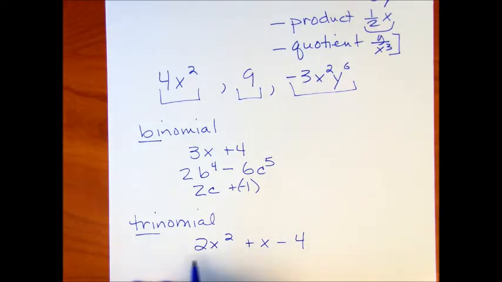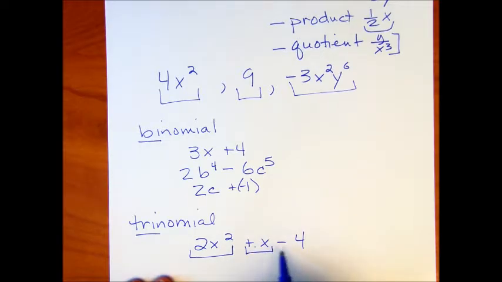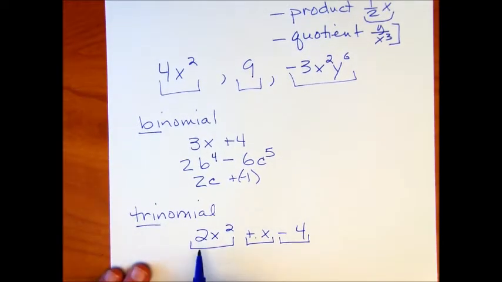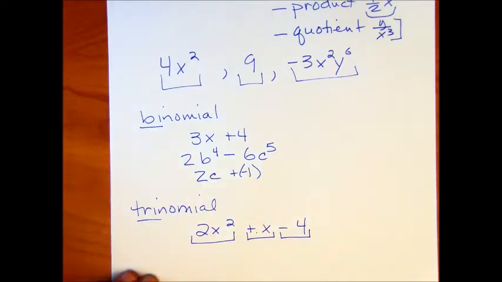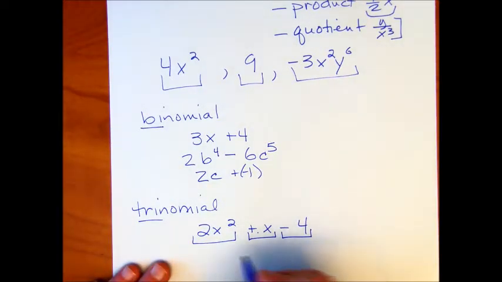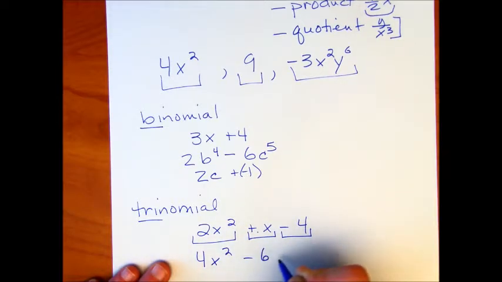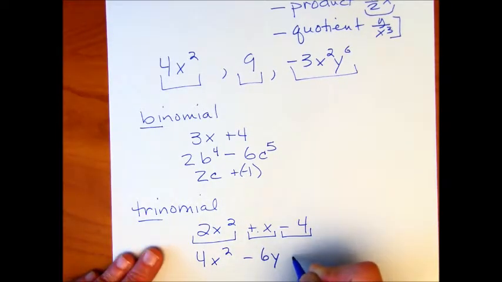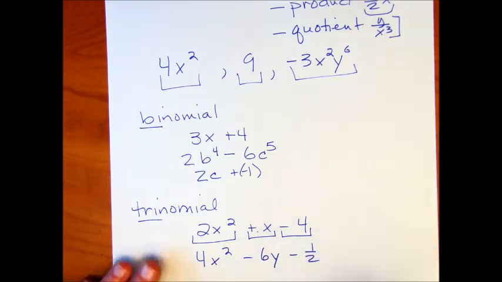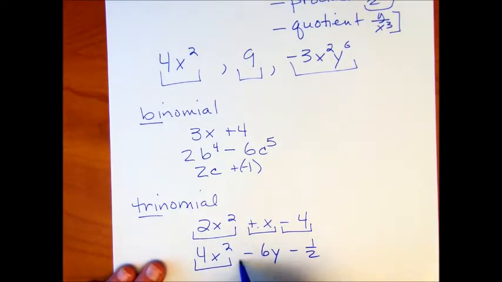This is a trinomial expression because we have 3 terms. Another example would be something like 4x squared minus 6y minus 1/2. Again, we have 3 terms in the expression.